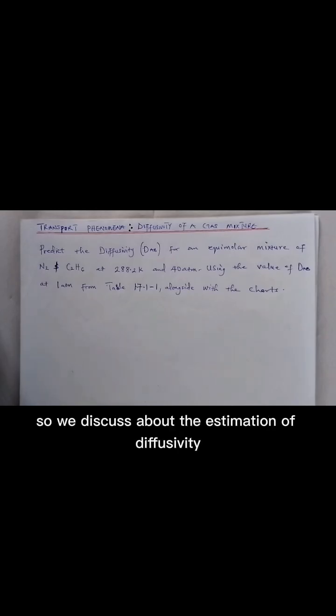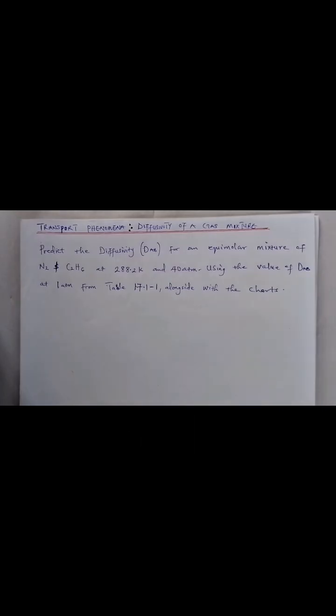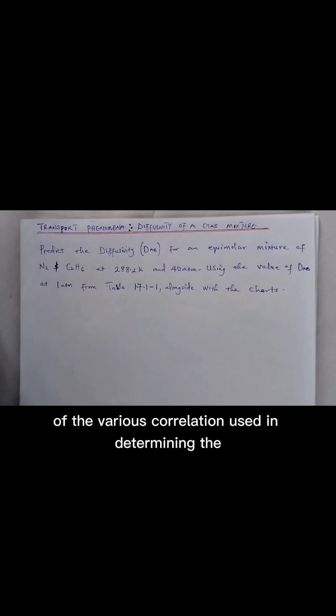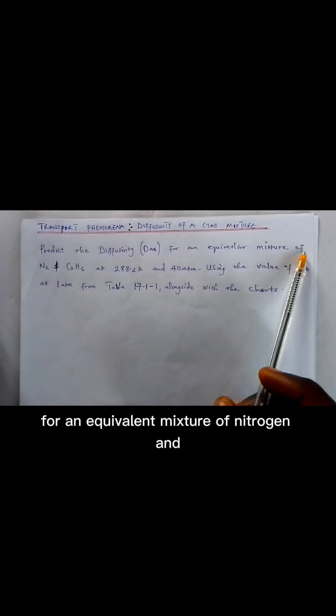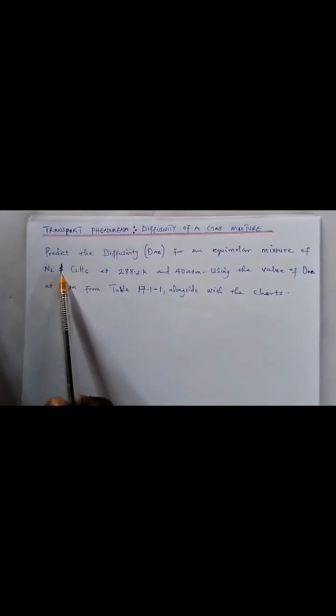We discussed the estimation of diffusivity, which is the coefficient of mass transfer, and under the estimation we solved calculations which made use of the various correlations used in determining the diffusivity.